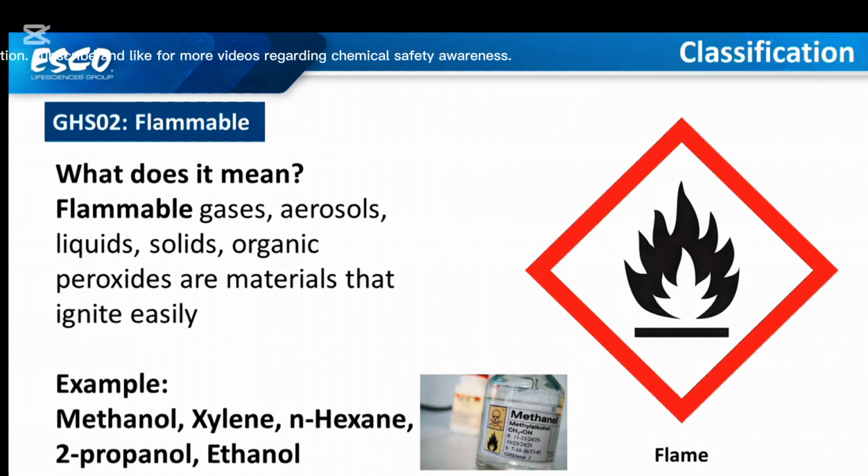Another example is the 70% isopropyl alcohol used to sterilize surfaces. So the labeling or the sign that you would see on chemicals in the flammable family would be a flame on the container.